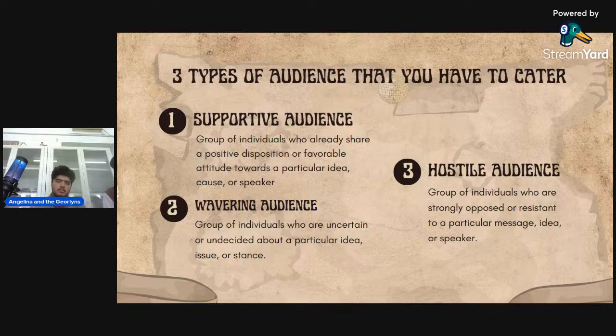And to handle wavering audience, you try to get the opinions of what they want to hear. Try and say the words they want to hear and try to appeal to what they want. If you can waver them towards your side, then the audience will be supportive. You can use the appeal of logos and ethos, what I've said earlier.